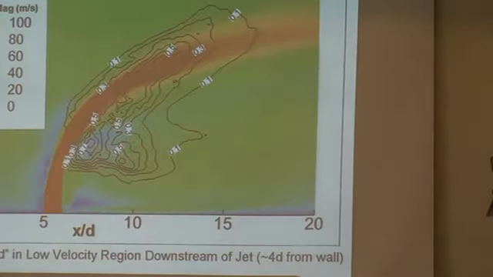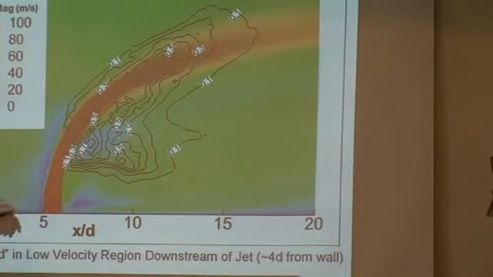So looking at average fields, to get some more quantitative information. This is the velocity field. You see that this is the boundary layer. This is the saddle point, where the streamlines divide.